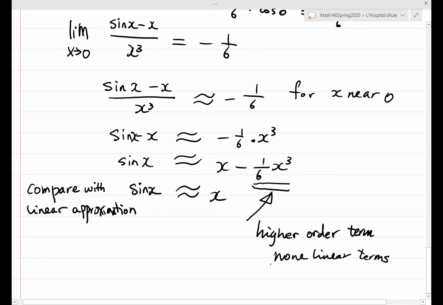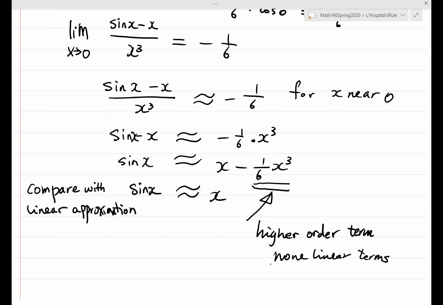So if we apply L'Hopital's rule several times, then actually you can get a higher order approximation, which in general is better than linear approximation. So L'Hopital's rule can give us a better version of linear approximation.